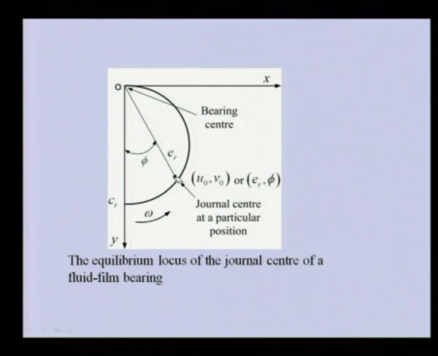If there is a dynamic force, then the shaft will be oscillating about this point, and the linearized coefficients are defined by the disturbance of the journal from this equilibrium position. When we disturb by a small amount, whatever the change in the fluid pressure will define these linearized coefficients.